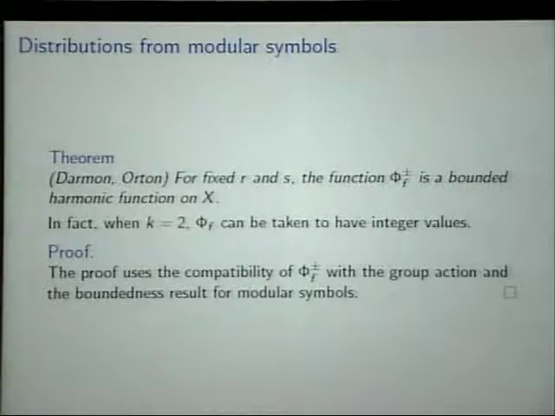But for fixed modular form and any R and S, we already knew this was a bounded function. So therefore, this harmonic function that you get for particular R and S is bounded. Okay, so this is a consequence of the fact that the modular symbols for a given modular form are bounded. And that, in turn, is a consequence of the fact that the group gamma naught of NP is of finite index in the group SL2Z or something like that. So this is a question of checking on the definitions.